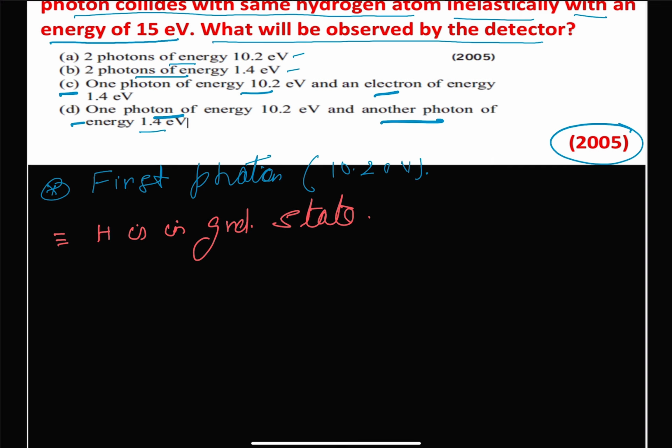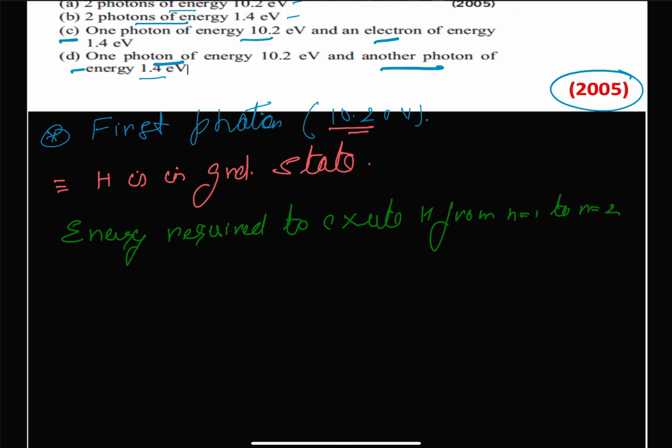Because of this first photon, the energy required to excite hydrogen from N equal to 1 to N equal to 2 is also 10.2 electron volt.